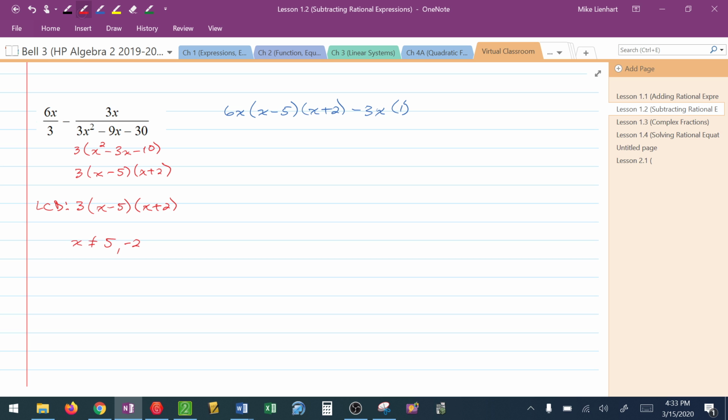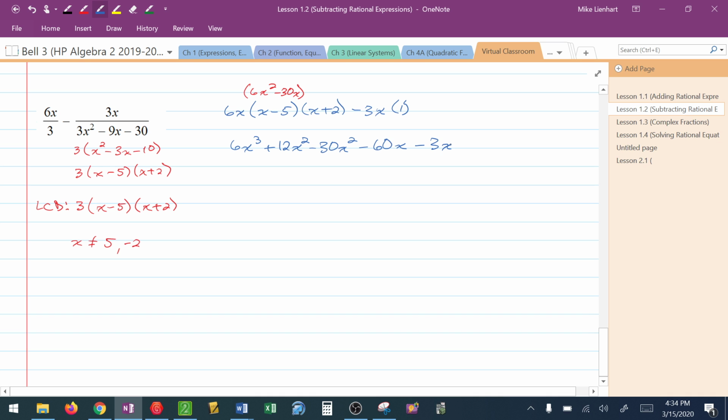I'm going to make this 6x squared minus 30x by distributing that 6x into the first one. And then I'm going to FOIL. So I've got 6x cubed plus 12x squared minus 30x squared minus 60x minus 3x.